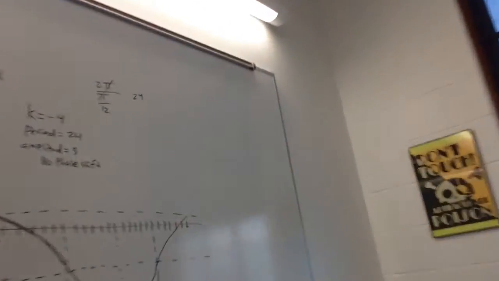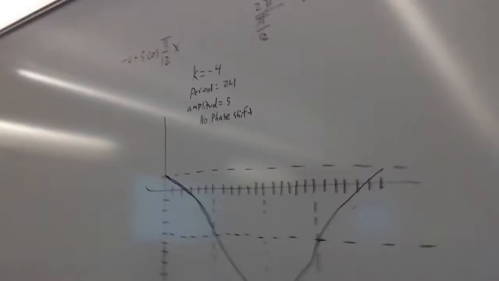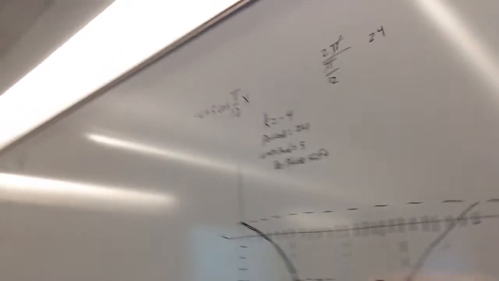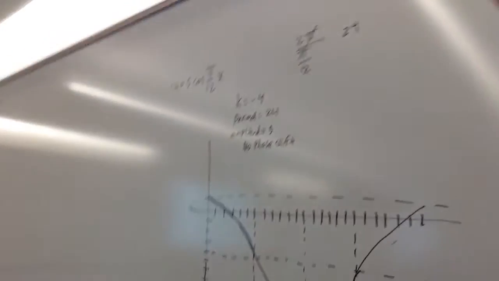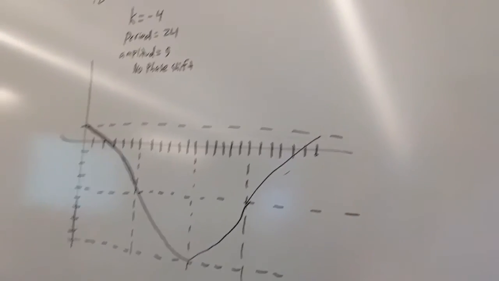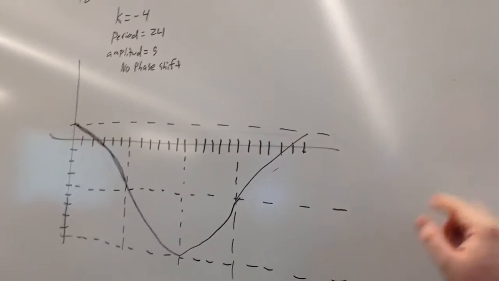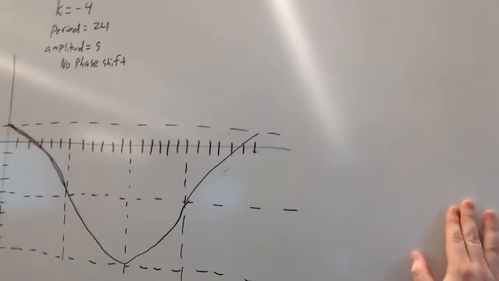Okay. And let's take a look at George's here. We had a vertical shift of -4, so it goes down by 4 first. Amplitude of 5, so there's the up and the down there. Pi over 12, so its period is 24 when you work it out. Huge period.